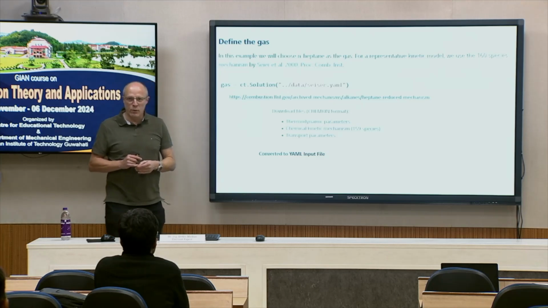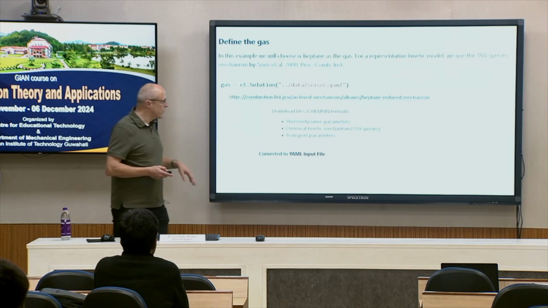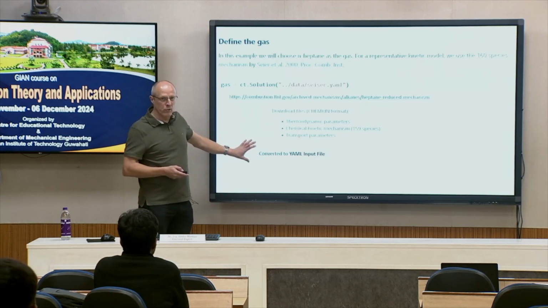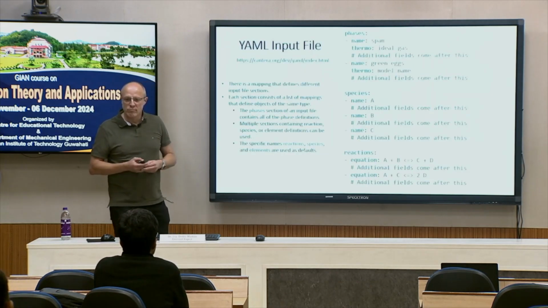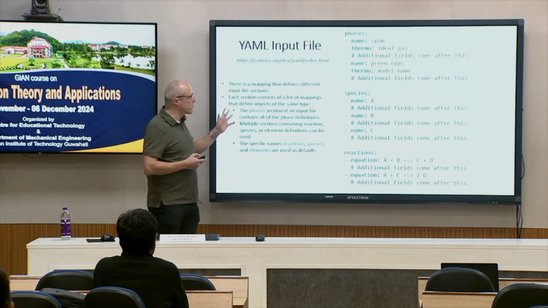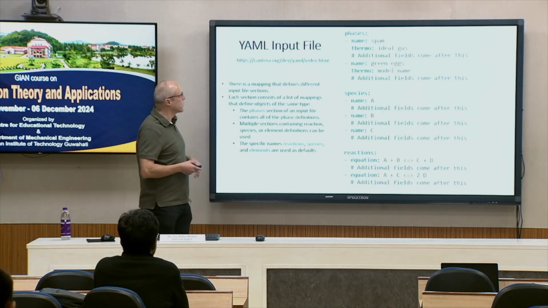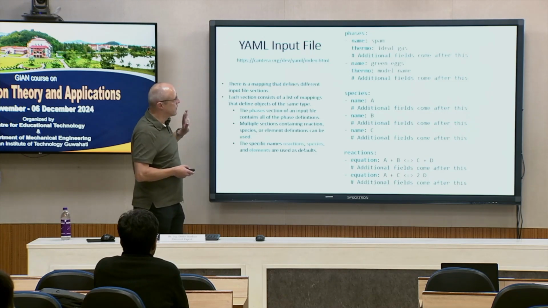That's a classical input format for Cantera. And of course you can download this and find your own tools to convert this if necessary. But you can also find this specific mechanism already in a proper format.